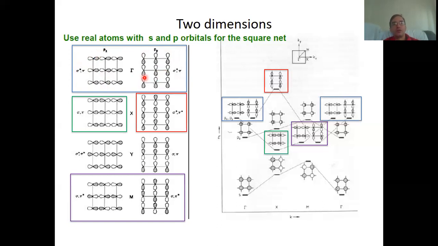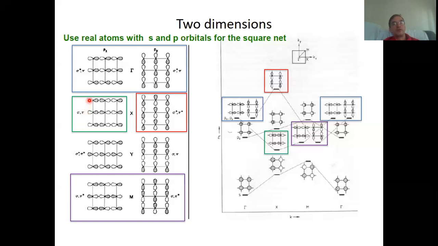So now we can go from the point lambda to the point x. So we can first make kx equal to pi over a and ky remaining 0.